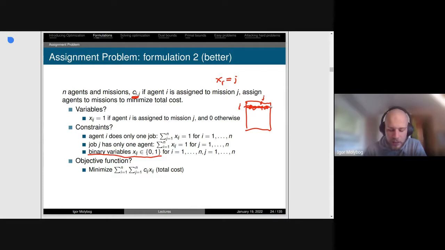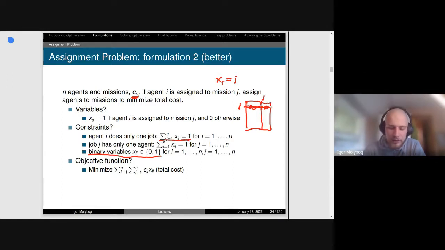And we have this constraint that agent i does only one job, which is represented with the following constraint, where the summation over j of xij is equal to 1. So for each j, in each column there must be at least one, and actually there must be exactly one.